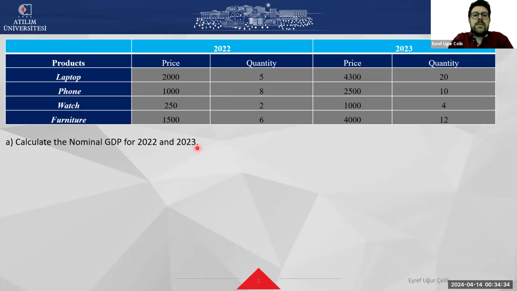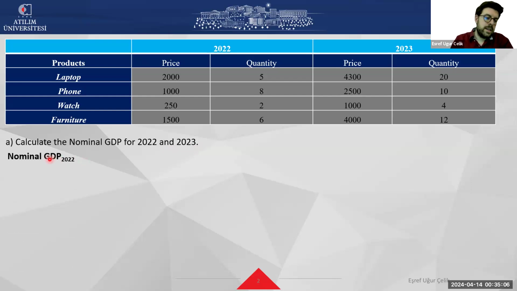The main idea is we take the price for the year I ask you, and the quantity for the year I ask you. And for the value of the goods or services, we calculate by multiplying price and quantity for each good. So by summing the values of the goods or services, we find the nominal GDP.